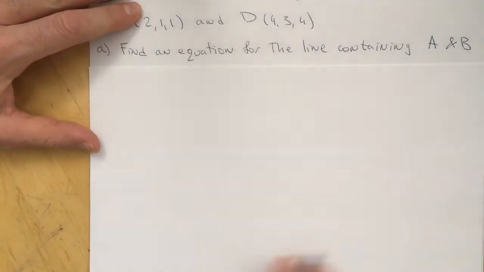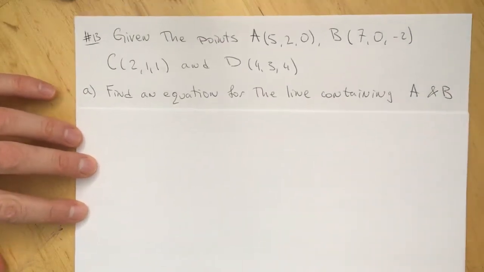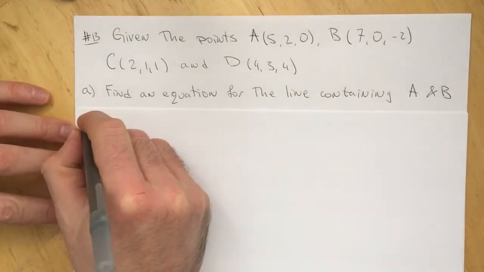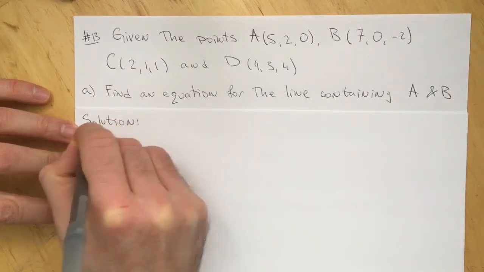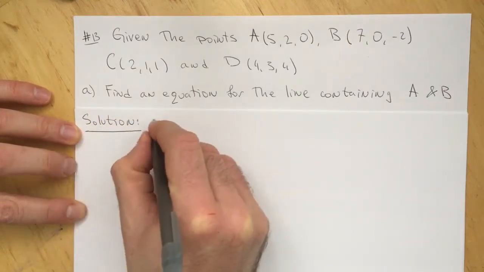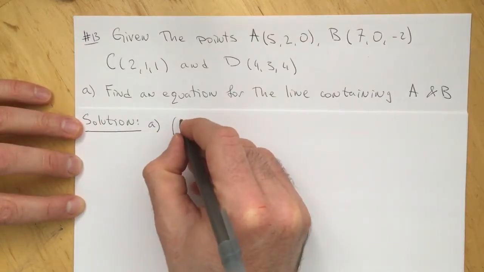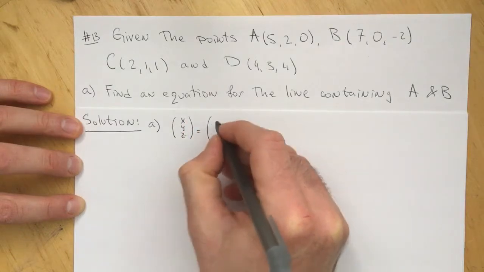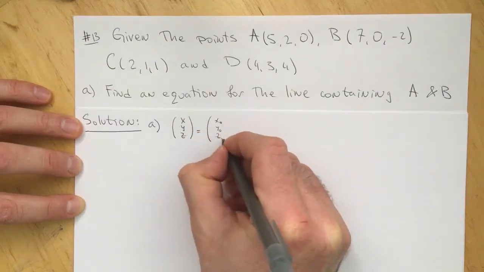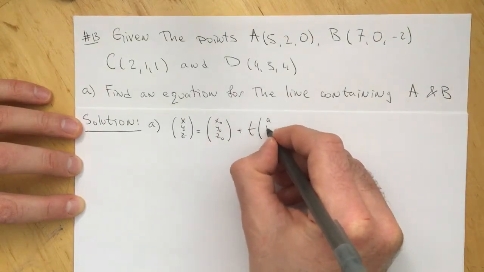First of all, let us find the equation of the line containing the points A and B. So right away we know the parametric equation of a line: (x, y, z) is equal to (x naught, y naught, z naught) plus t times the vector (a, b, c).